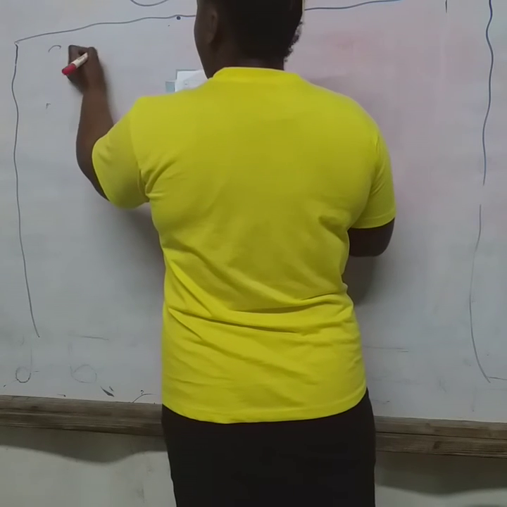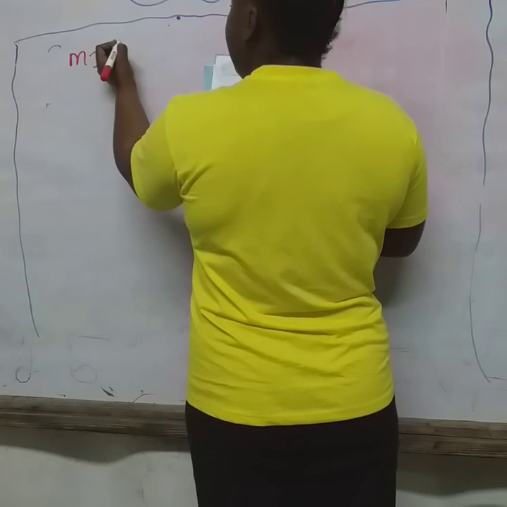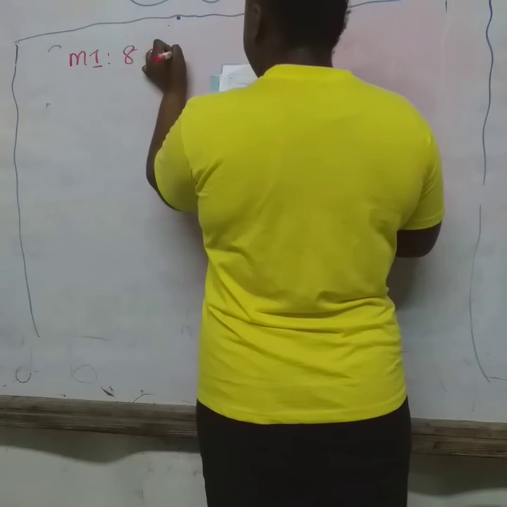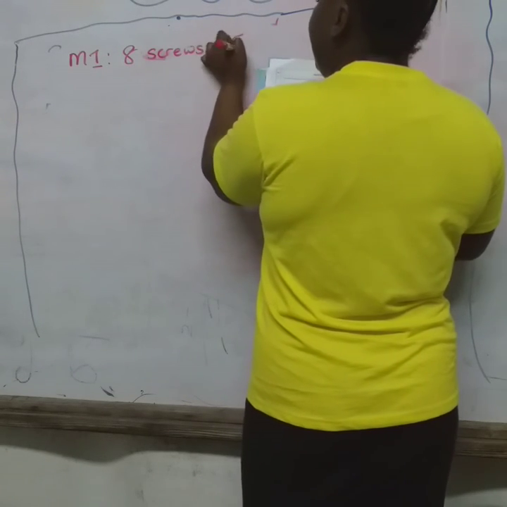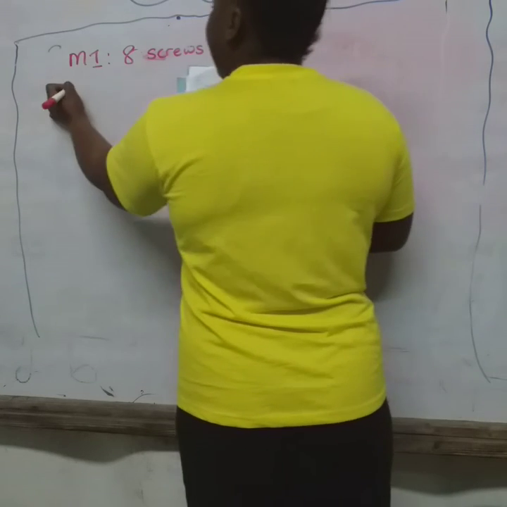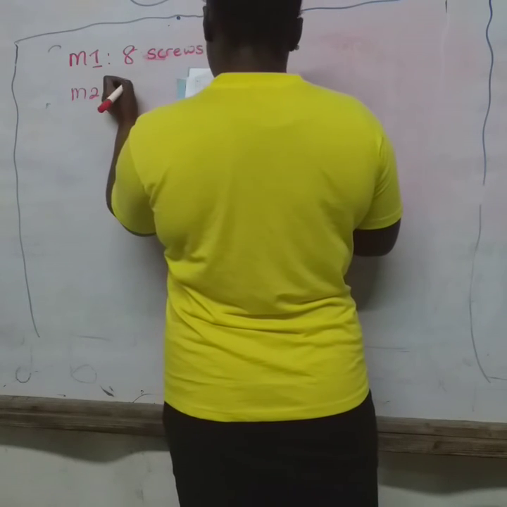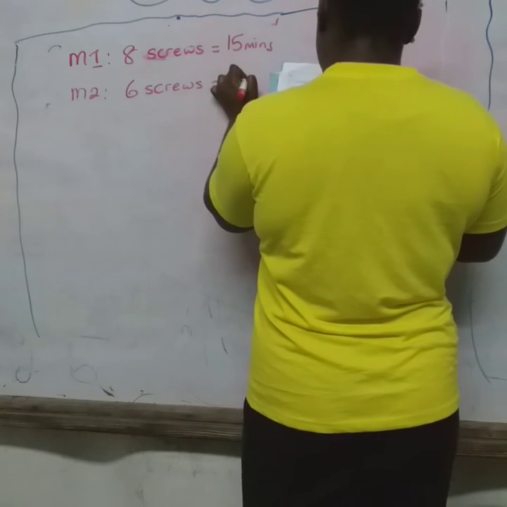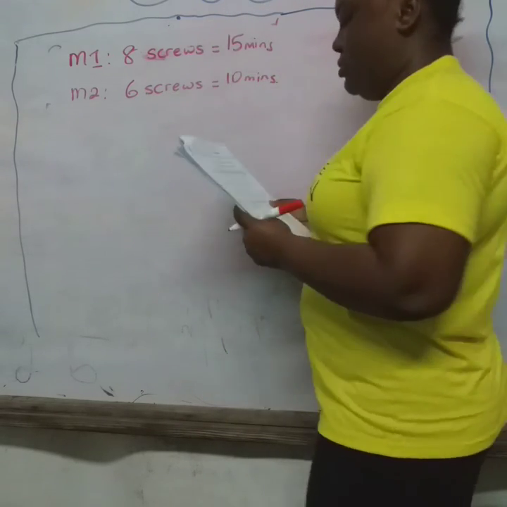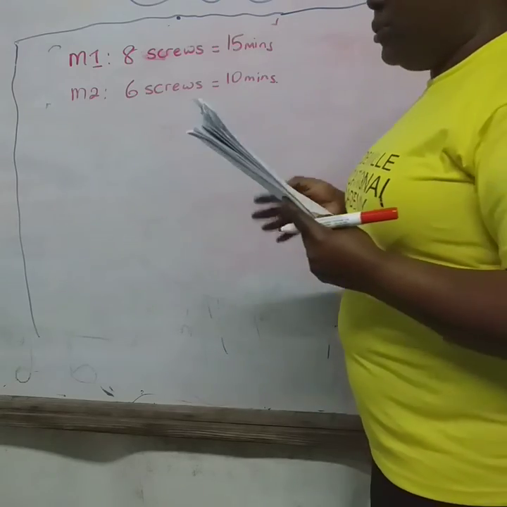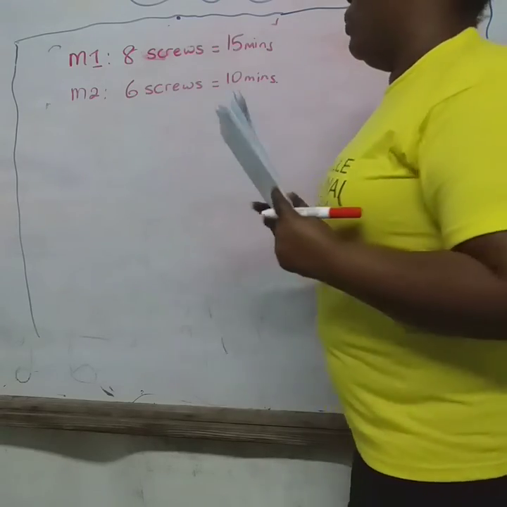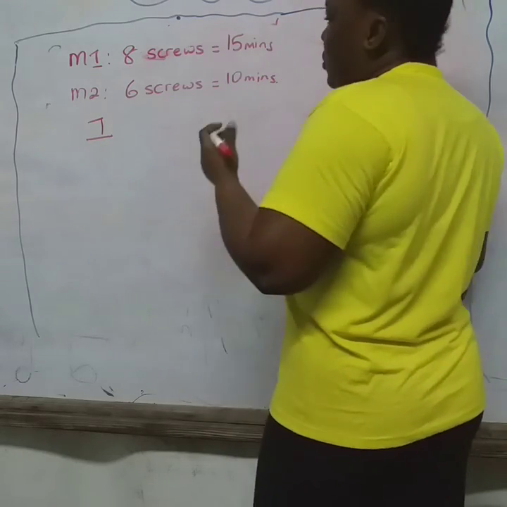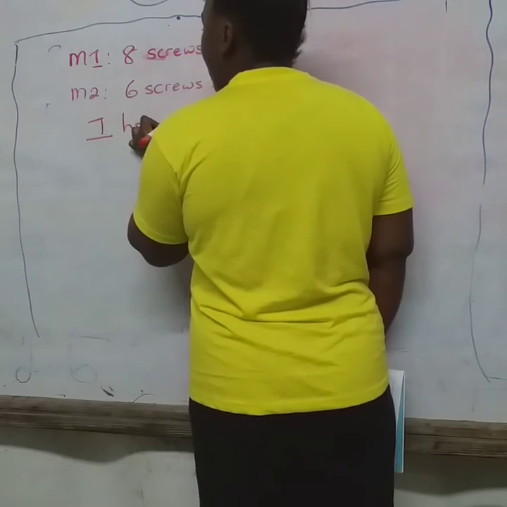So we have machine 1, and I'm going to name it M1, produces 8 screws in 15 minutes, while machine 2, M2, produces 6 screws in 10 minutes. And the question asks you to solve which machine produces more screws in an hour.